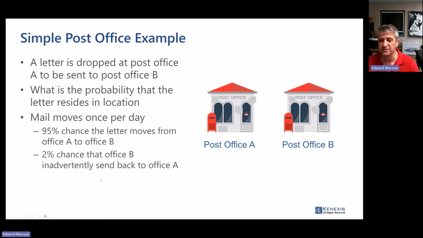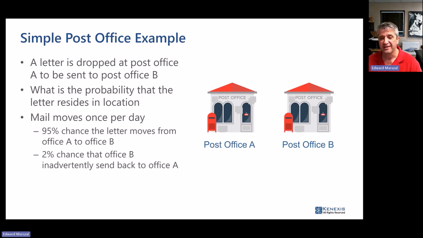Okay, so I've got post office A, post office B, and when I start, I'm going to drop off my letter in post office A. Now, in terms of probabilities, I'm just going to use some rough numbers. I have a 95% chance that when I drop off my letter at post office A, that same day it will travel and then be located in post office B. 95% of the time, the day after I drop the letter off, it will be in post office B. But people make mistakes.